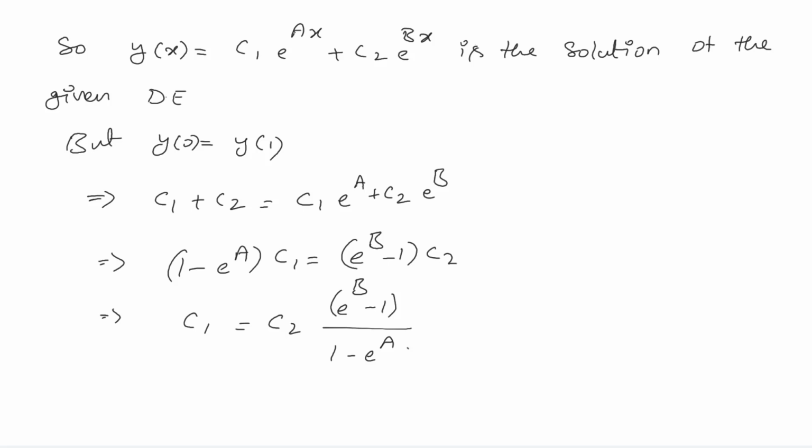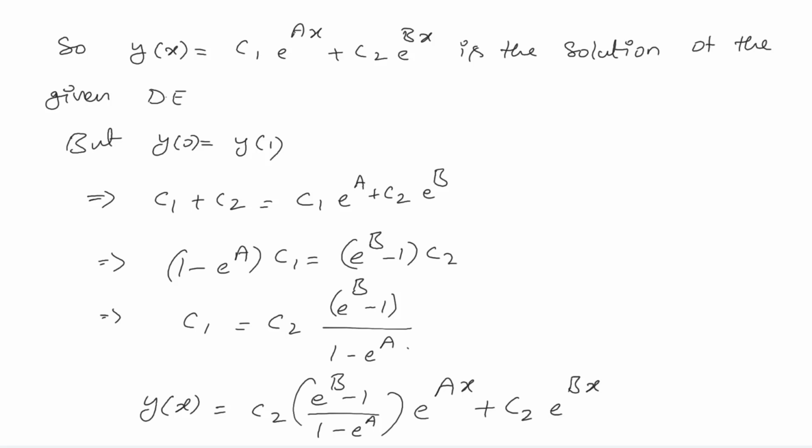And from this we can rewrite the solutions of the differential equation as c1 e to the power of ax plus c2 e to the power of bx. In place of c1 I am just writing the term we have derived, that is c2 (e to the power of b minus 1) divided by (1 minus e to the power of a) into e to the power of ax plus c2 e to the power of bx.